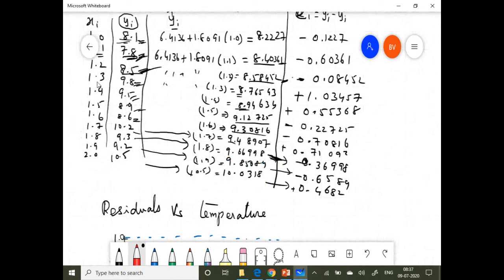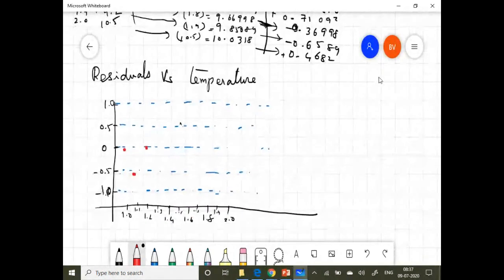Next, when x is 1.3, it is the fourth value. When x is 1.3, it is more than positive 1, 1.0347. So when x is 1.3, it goes here, more than 1.